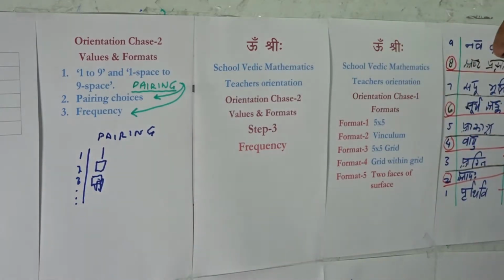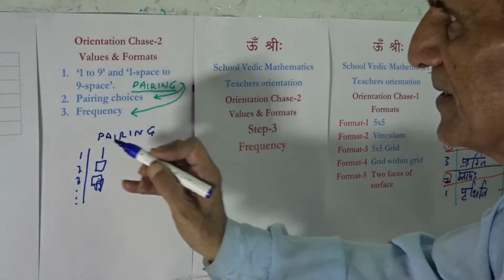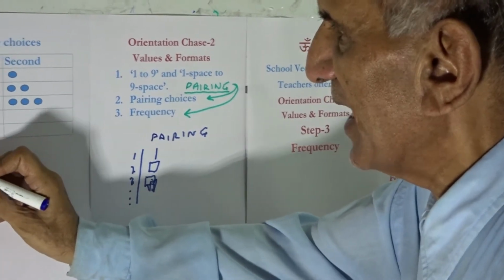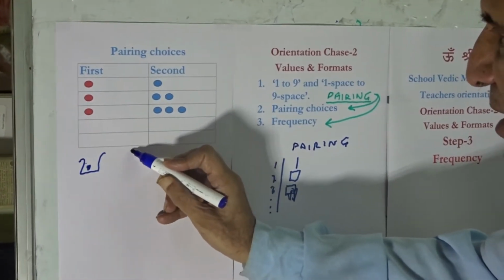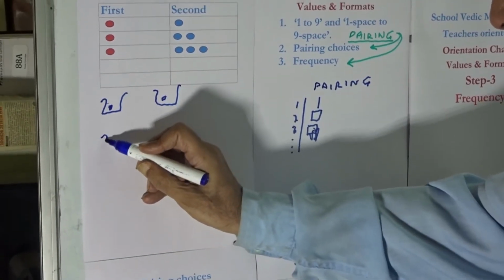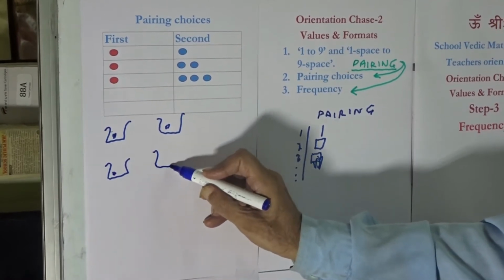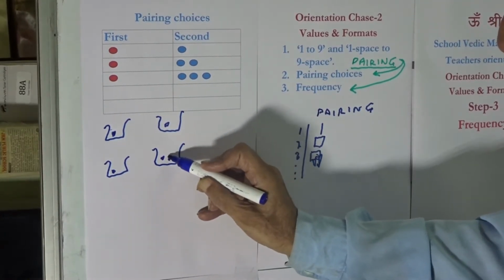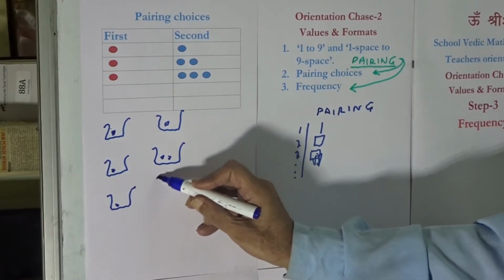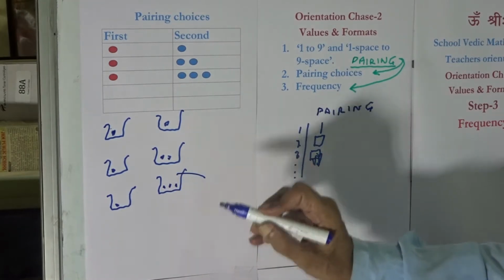Then we had seen how there can be pairing choices when there is a single entity in one jar and a single entity in another jar. At the next stage, a single entity in the first jar but a pair of entities in another jar, a step ahead, a single entity in the first jar and triple entities in the next jar, and so on.